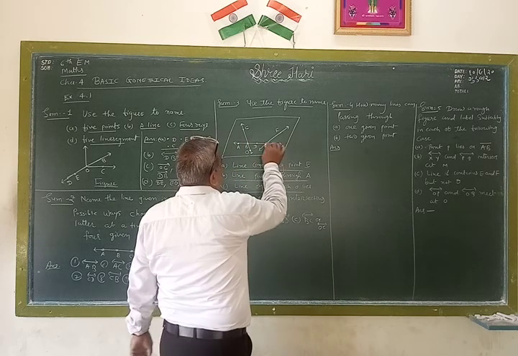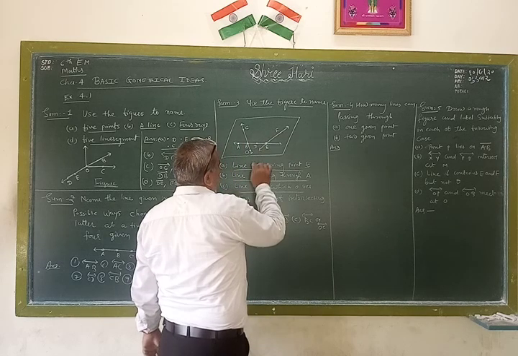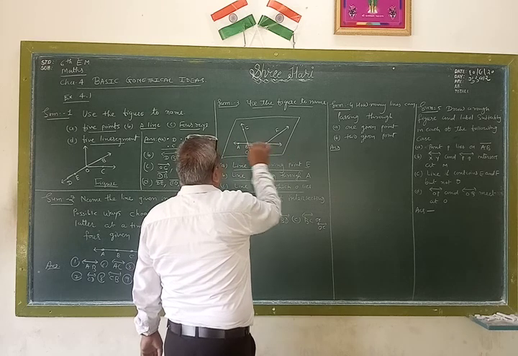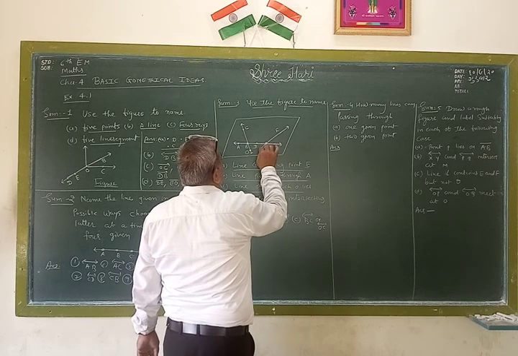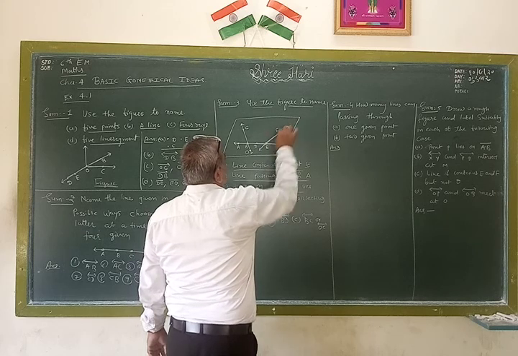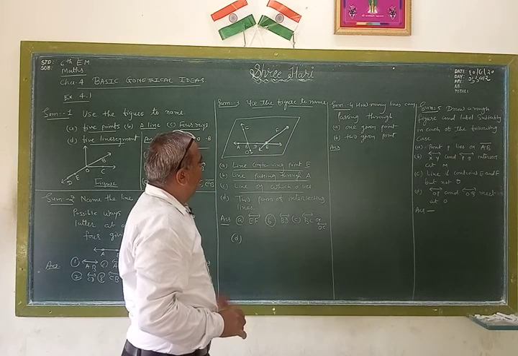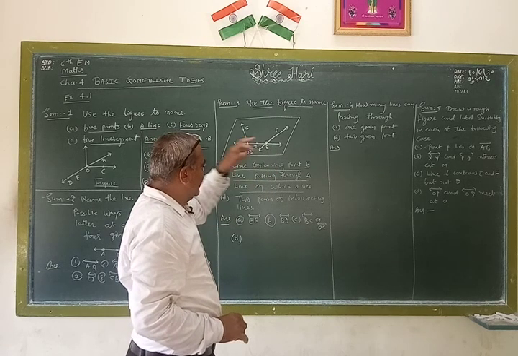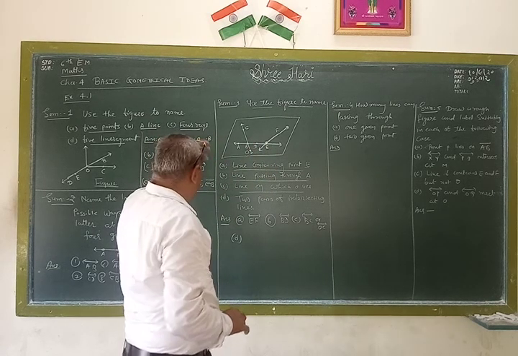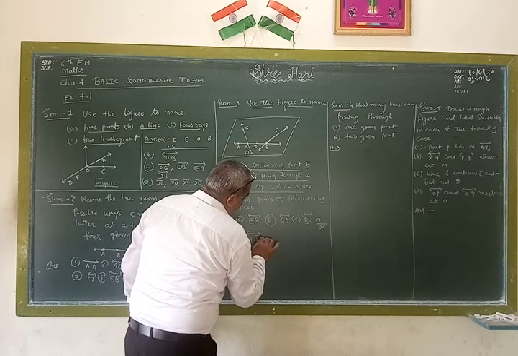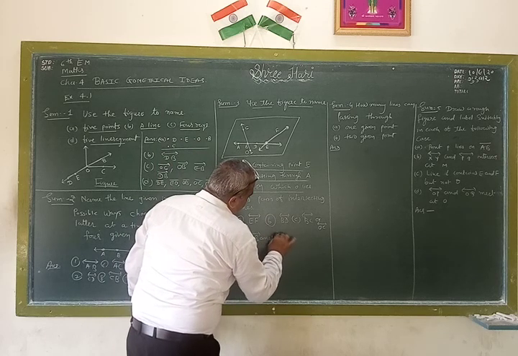Both cross at point A. This line AB and this line EF both cross at one point, meaning intersecting. So these both lines are intersecting lines. Our one pair is line AB and line EF.